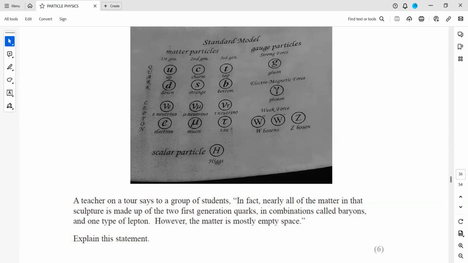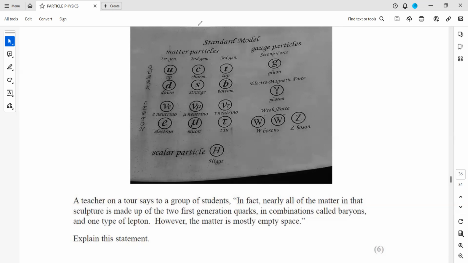So we have to explain this statement. When you check the different types of particles like baryon, in this case, we have quarks also there. These are the quarks: up, down, charm, strange, top, bottom.